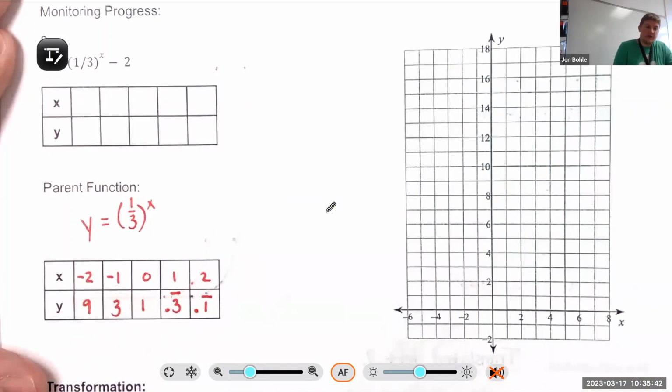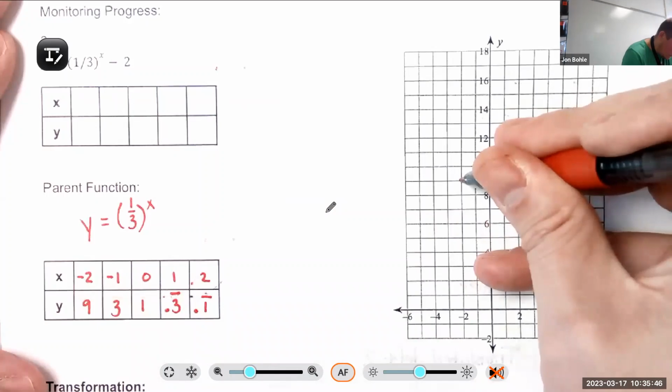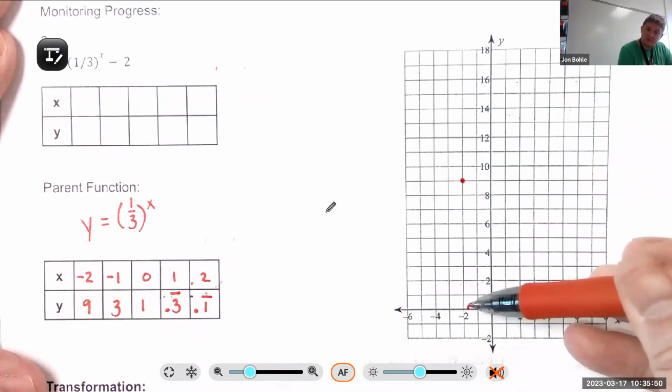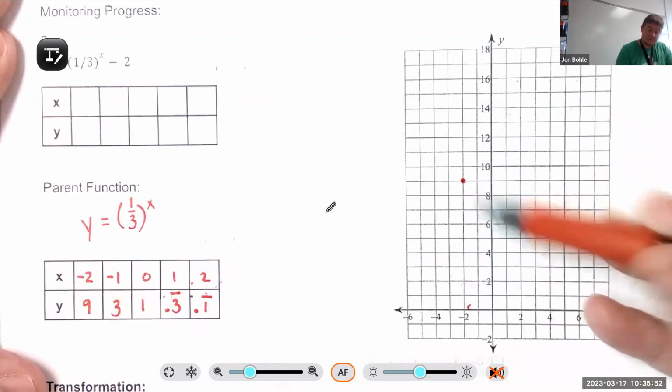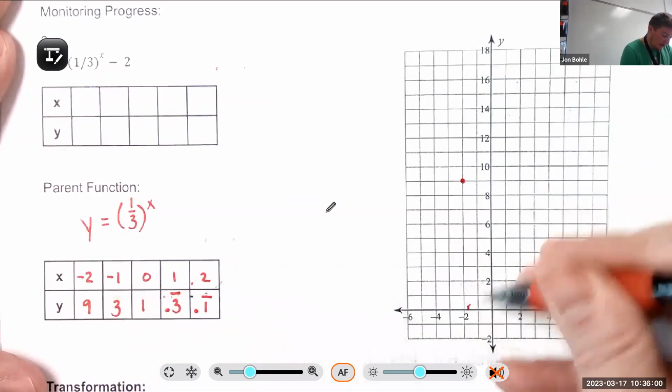Okay, so now we can start graphing. -2, 9 is right here. X value -2, y value 9. Okay, next one, -1, 3. So x value -1, y value 3.